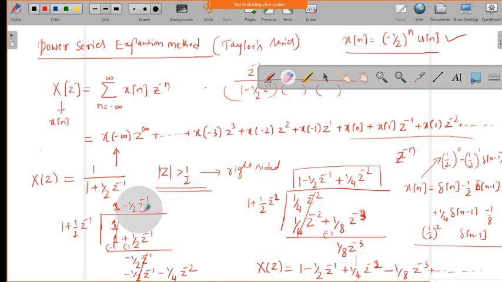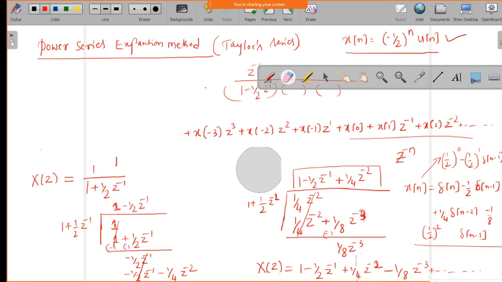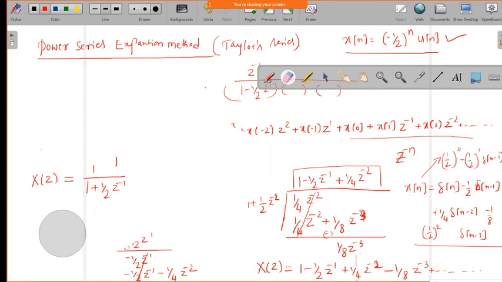So now take the same problem. Whatever the same problem which is given by x of z equal to 1 by 1 plus half z inverse, but here the only change is you take ROC as mod z less than 1 by 2.